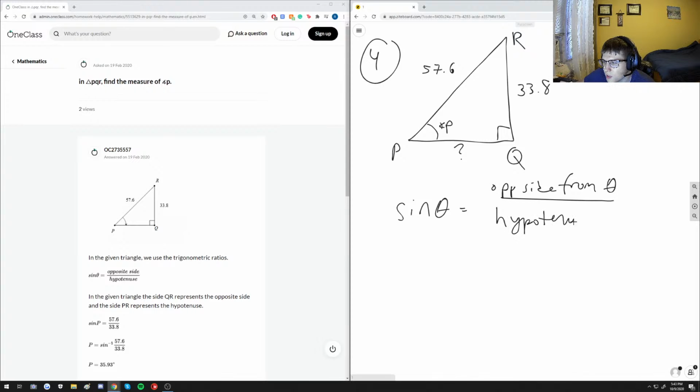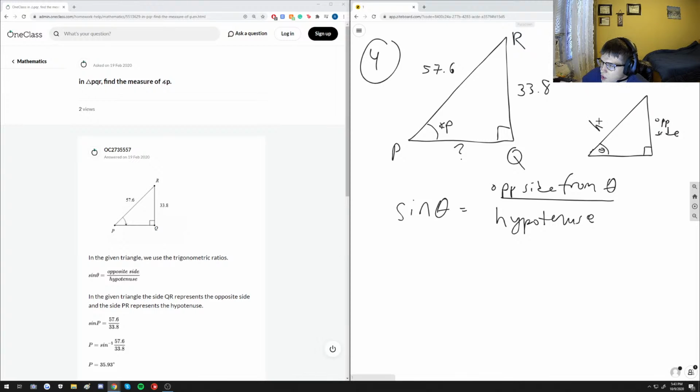To elaborate, let's assume we have this right triangle, and this is only for the case of a right triangle, and our angle theta is right here. The side opposite from theta would be this one. So this is the opposite side. The side adjacent to theta that is not the hypotenuse. The hypotenuse is the longest side of the right triangle.